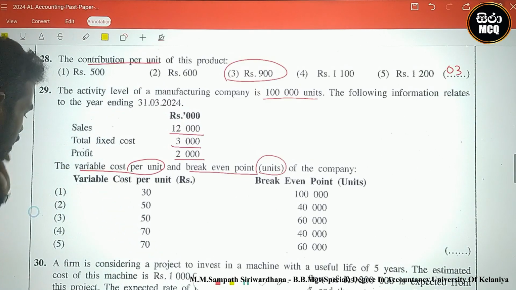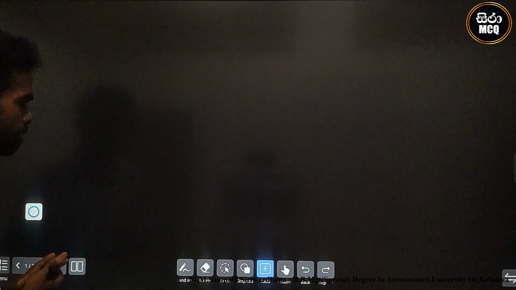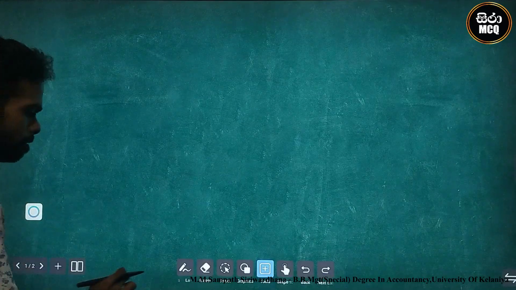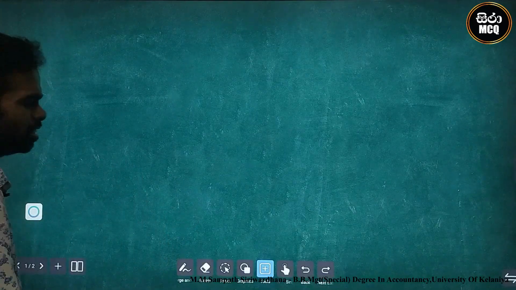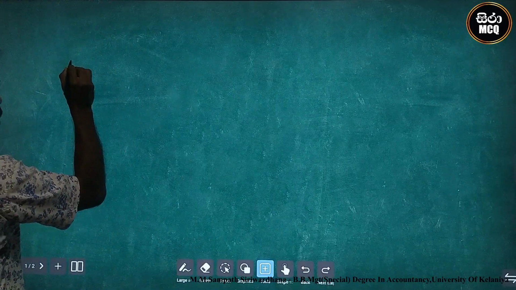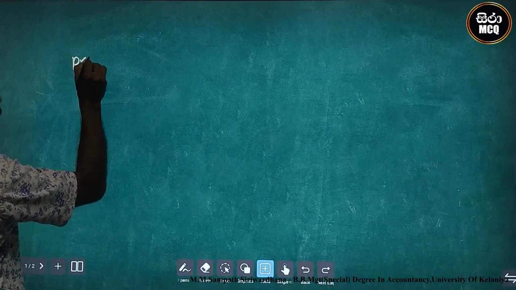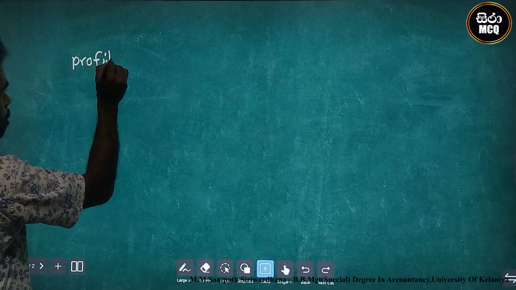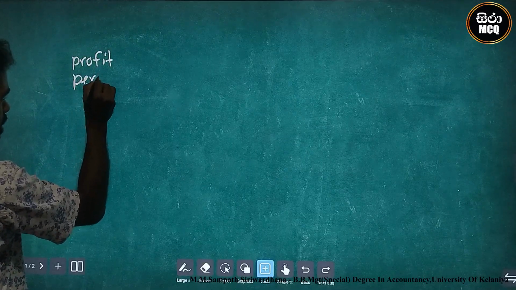Therefore, we can find all items together. There is an equation. How can we calculate profit? I calculate unit profit, only per unit.